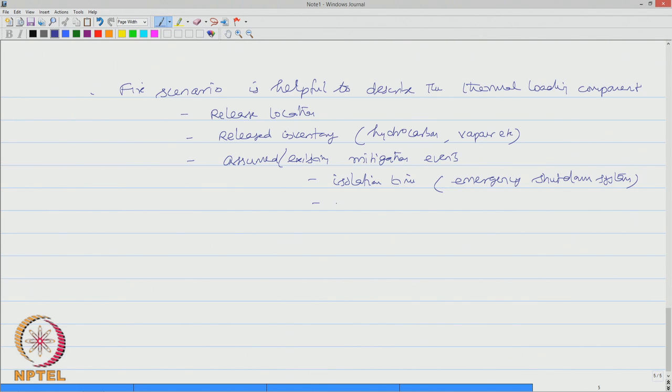It also talks about blowdown time. It also talks about some active fire suppression systems if they are in place.